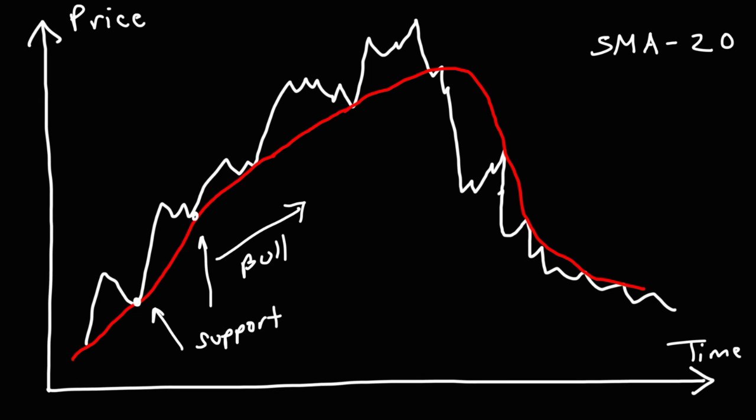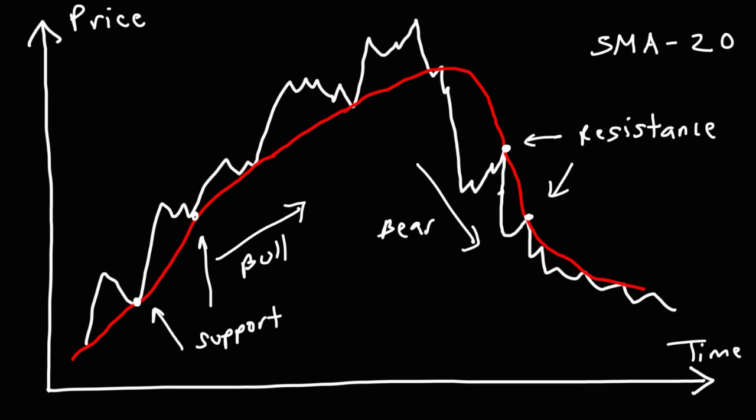But now, when the stock reverses and goes down in a bear market, the simple moving average indicates areas of resistance, as you could see here. So that's how you could use a simple moving average to identify potential areas of support and resistance.